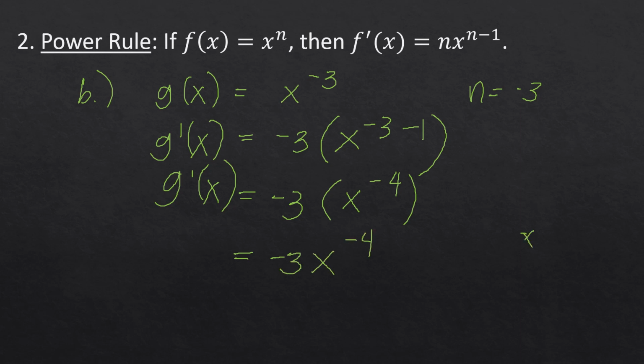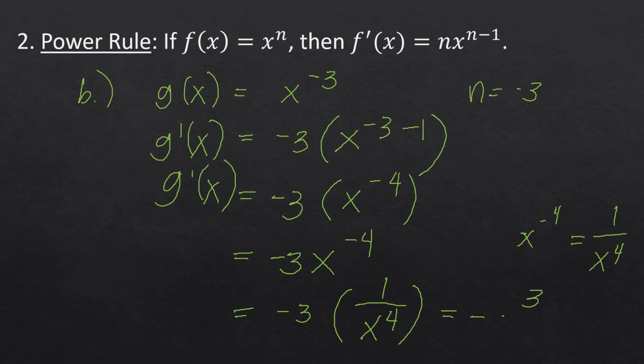And since x raised to negative 4 is equal to 1 over x raised to 4, then we can rewrite it. So we have negative 3 times 1 over x raised to 4. Okay, so the final answer will now be negative 3 over x raised to 4. So that is g prime of x.